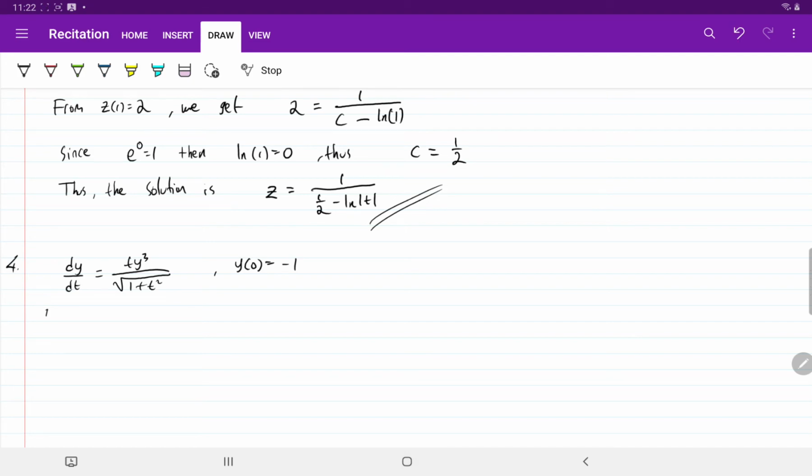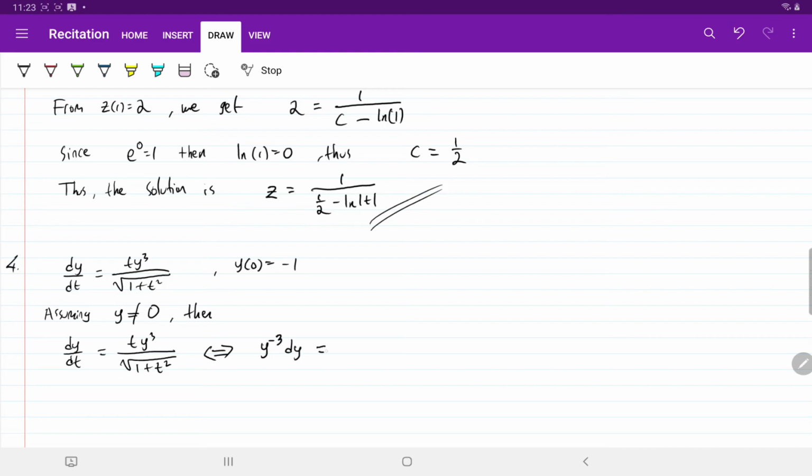Okay, now again we assume that y is not 0, then dy over dt equals ty cube. Then this is nothing but y to the power minus 3, right?